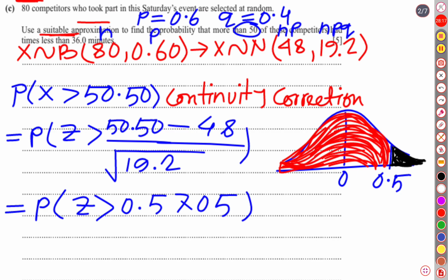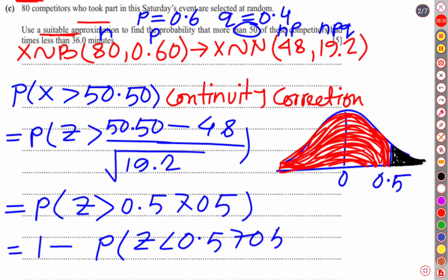Let us see the corresponding probability when the z score is 0.5705. Before that, let us write it: from 1 we will subtract the left part, so the probability when z is less than 0.5705.